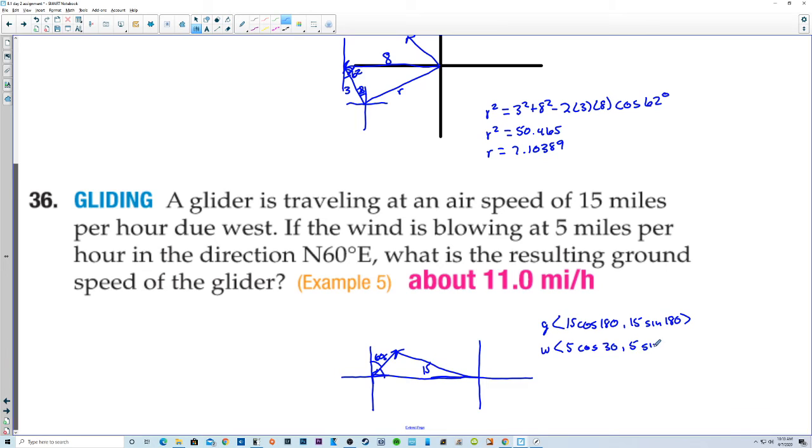And then 5 sine of 30. So the resulting path is going to be negative 10.669 and 2.5. So the magnitude of r is equal to the square root of a squared plus b squared. I stored that in a and b, even though I didn't really need to store it. That ended up being 10.9588. So the answer book is calling it 11 miles per hour.